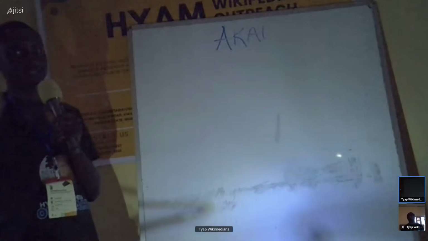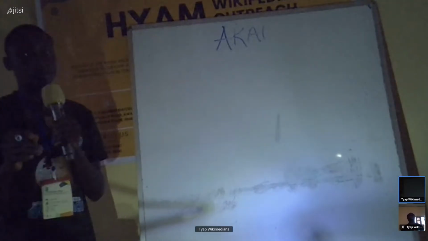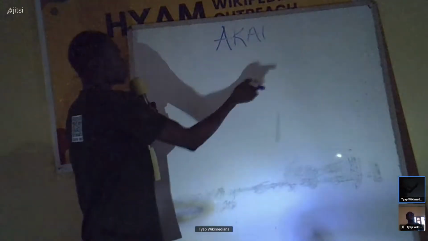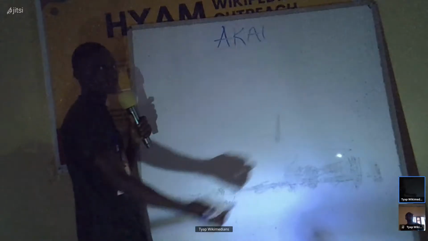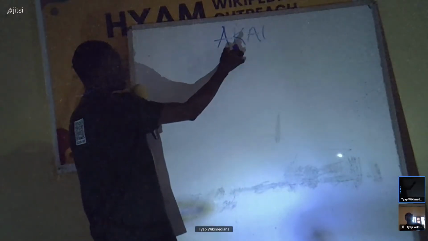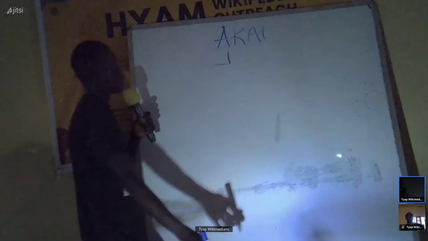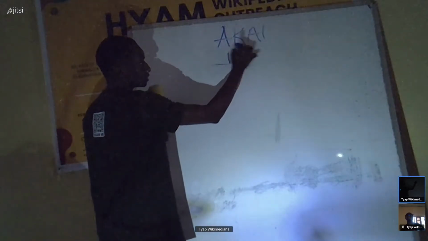What page is the appendix? Okay, page 14. So from page 14, you are going to see it there. This Akai, this is the Latin form of it. But if you are going to render it, this is A, this is K.